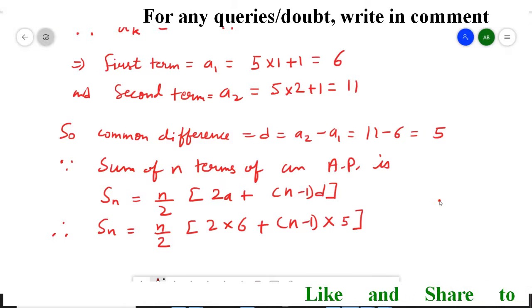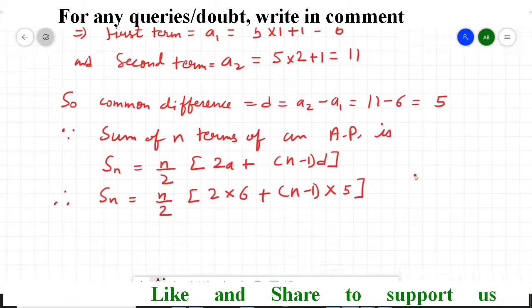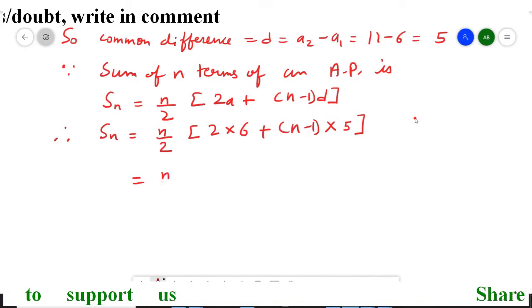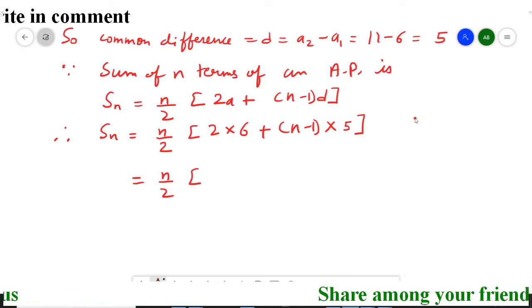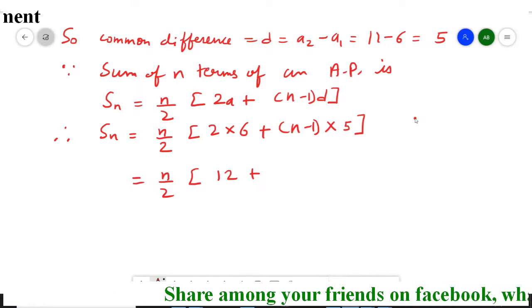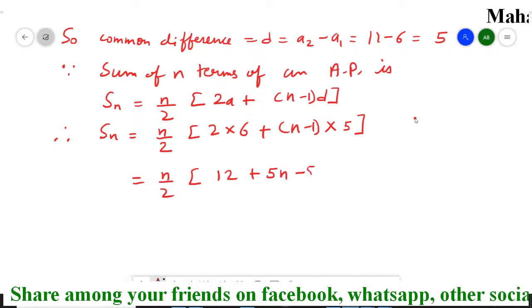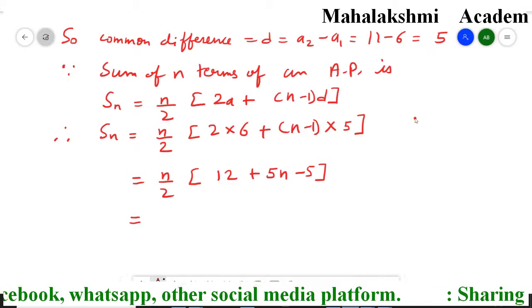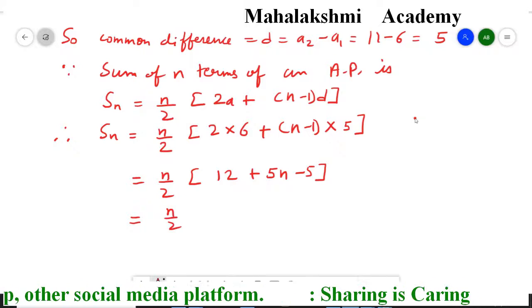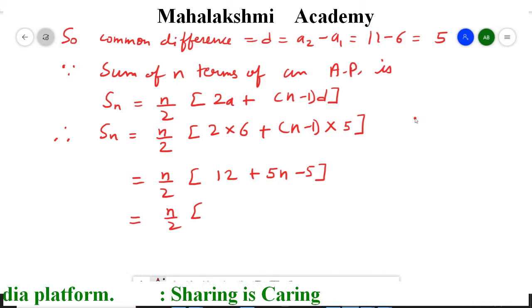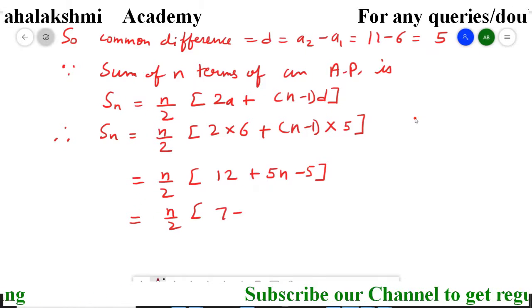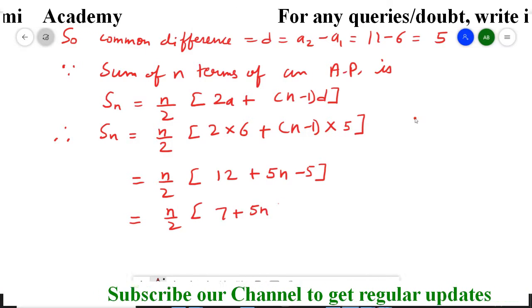In the next step we are going to get n upon 2 bracket 12 plus 5n minus 5 bracket close, and it's going to be n upon 2 bracket 7 plus 5n.